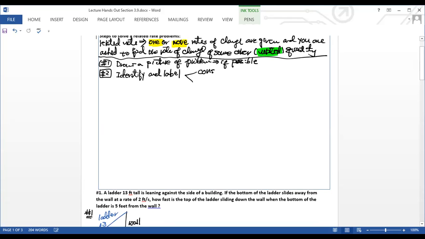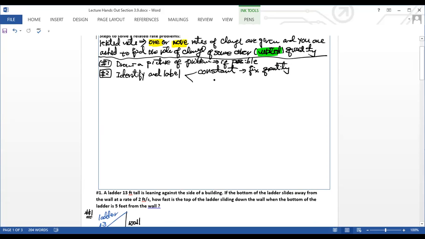You want to label all the constants. Those are the fixed quantities, the quantities that are not going to change with time.